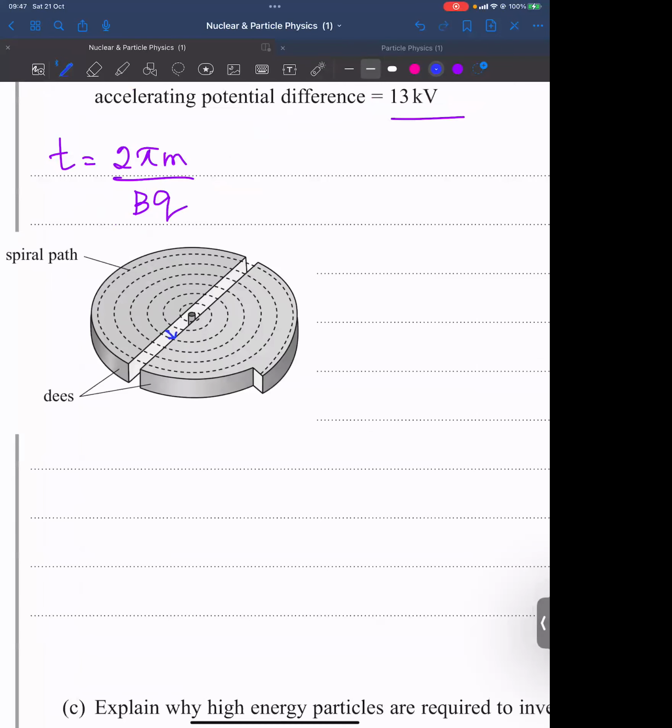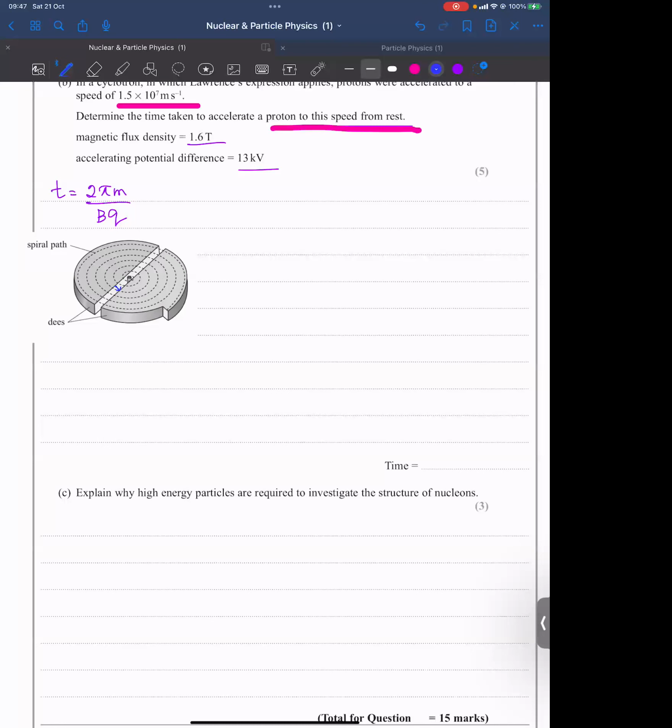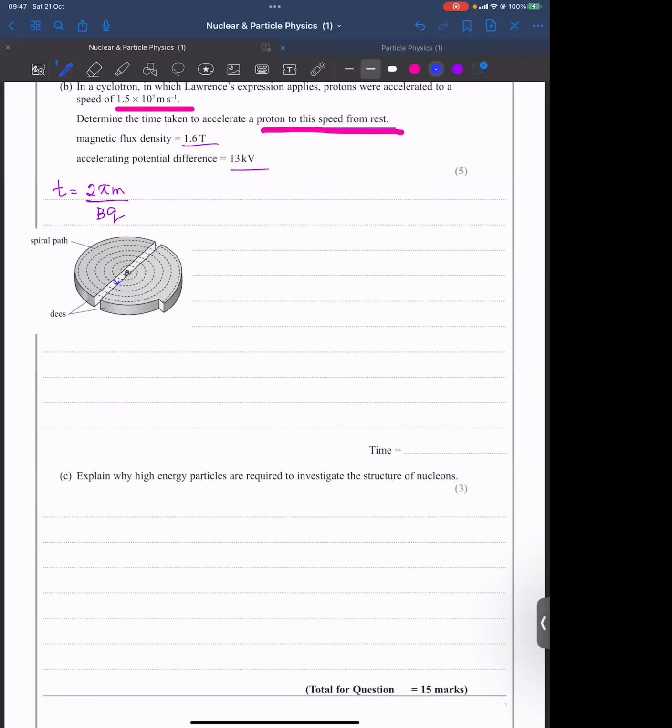Correct? So that means when the particle is accelerated between the D's once, it will be gaining an energy of E equals VQ. Potential difference is 13 kilovolts, which is 13,000. Charge is 1.6 into 10 to the power minus 19 for a proton.